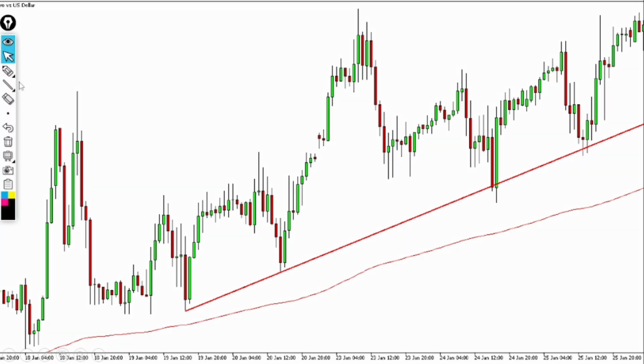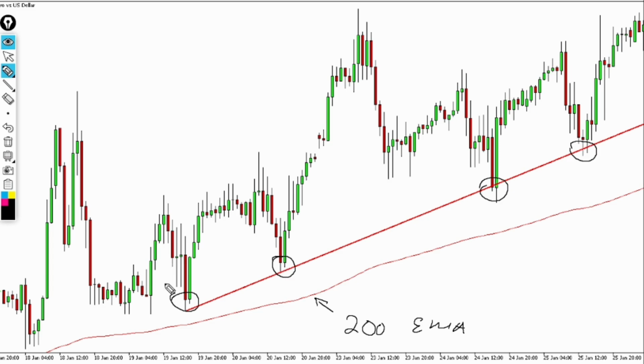Before you do that, here's another example of a trend line. Here you can see this market, as we already confirmed with the 200 period moving average here, is in an uptrend, right? But if you try to draw a trend line, you can see we can draw 1 point, 2 points, 3 points, 4 points.